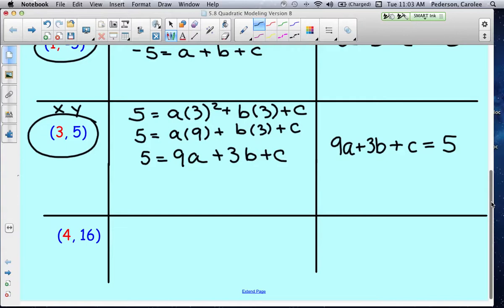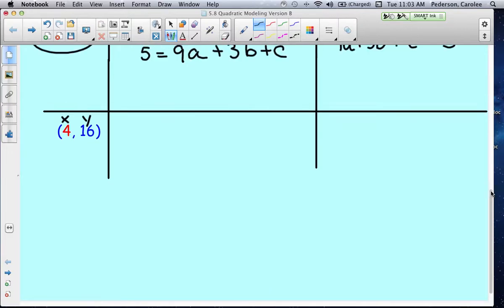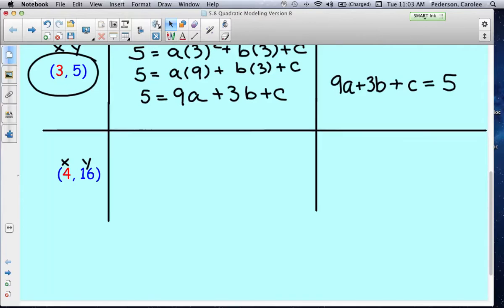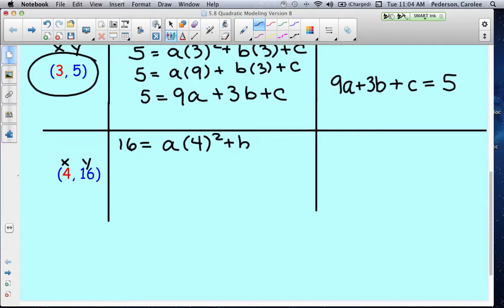And I have one more left, the point (4, 16). This is my x value, and this is my y value, and I substitute it in one last time. So my y value is 16, my x value is 4, I should say a there, a times 4 squared plus b times 4, and then plus c.